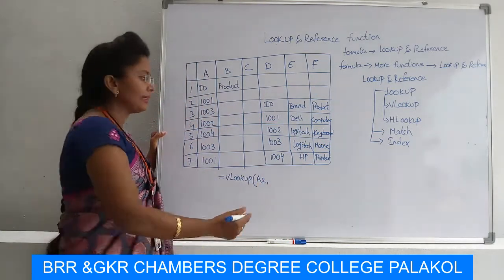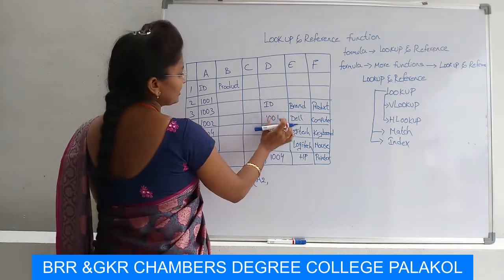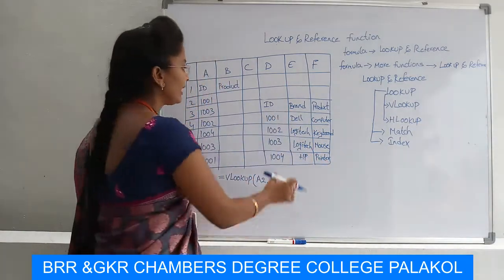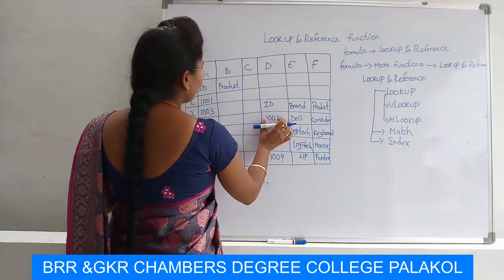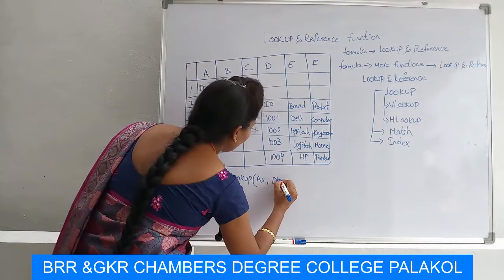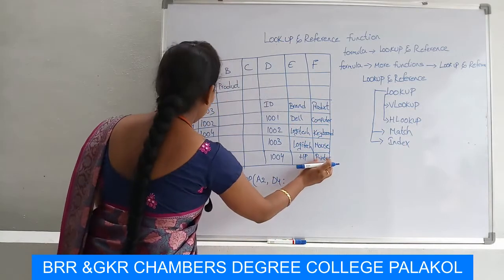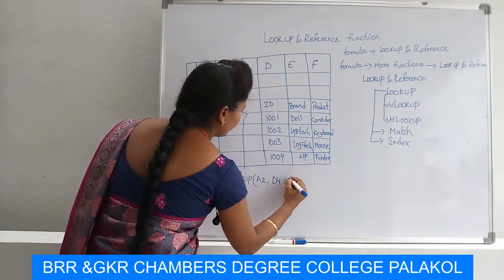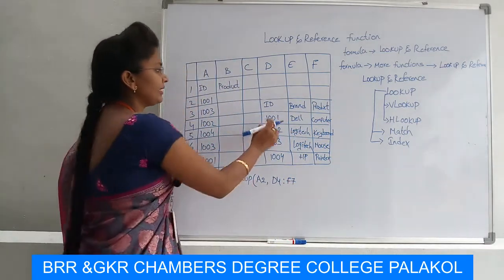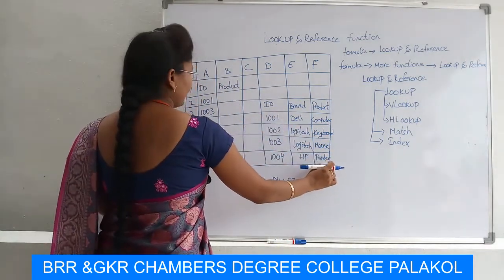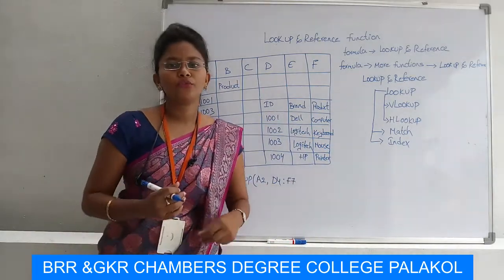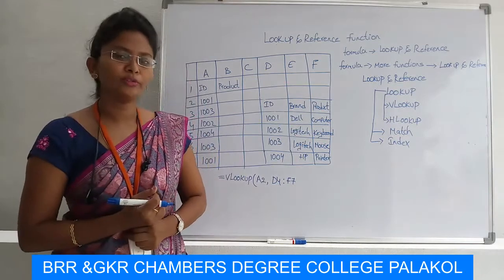comma, and then I have to select these cells. Whatever the data I entered in the Excel sheet, that has to be selected, and this cell reference name is D4 colon, the last is F7. After selecting the D4 to F7 cells, press the F4 function key from your keyboard.